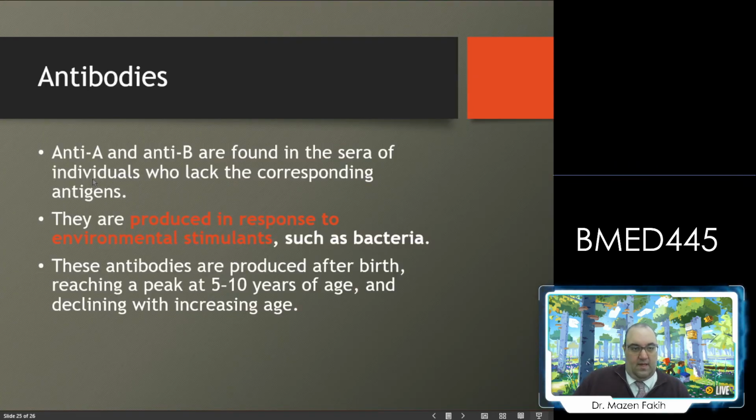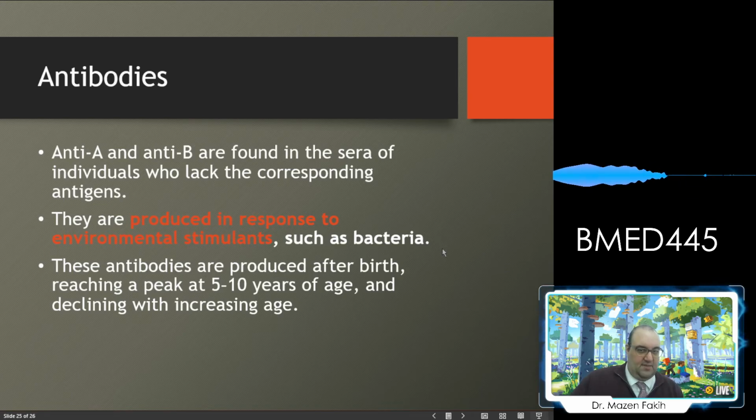So basically, if you do not have the antigen A and antigen B, you're going to end up with antibodies against A and B. And usually they are produced, like I said, to environmental stimulants, مثل bacteria.